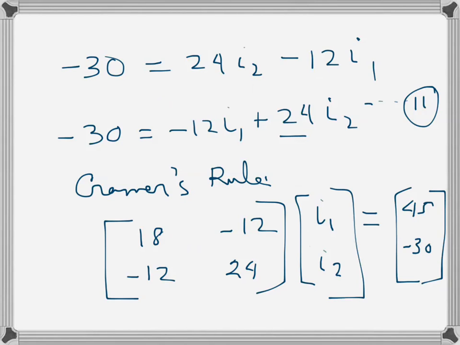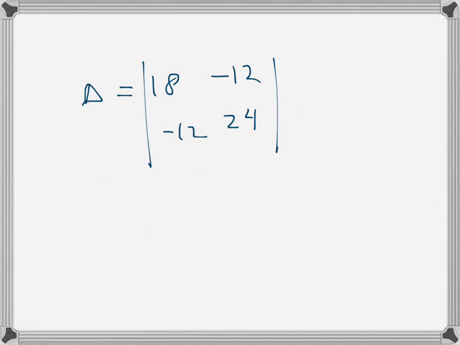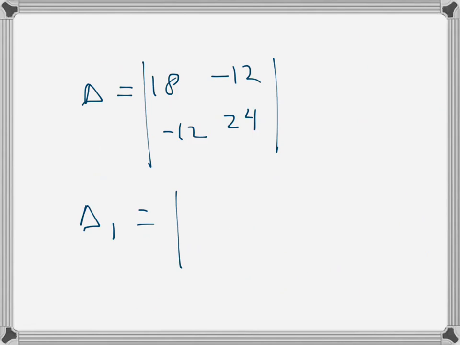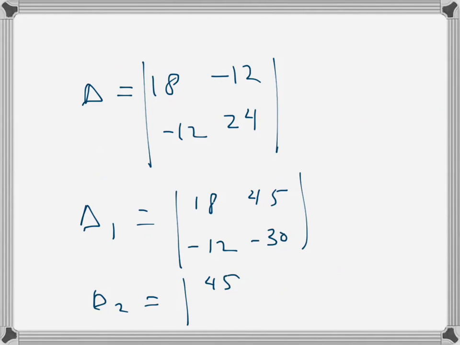Now in order to solve this, we need to write the equivalent determinants. If the determinant of the coefficient matrix is delta, that would be 18, minus 12, minus 12, 24.